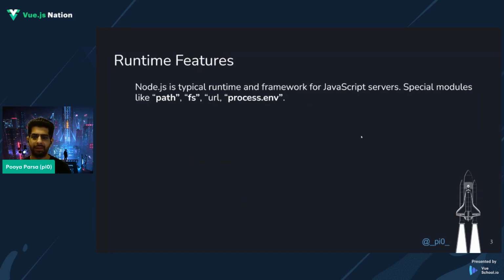One of the most important things that made us think about creating something like Nitro was the runtime features. Right now, today, for most server applications, if you want to develop a server or an API and write it using JavaScript or TypeScript, the normal assumption is that this is a Node.js server, and it also applies to server-side rendering and even front-end frameworks when they want to do server-side rendering.